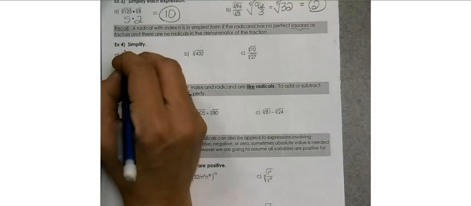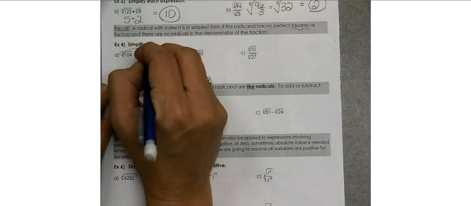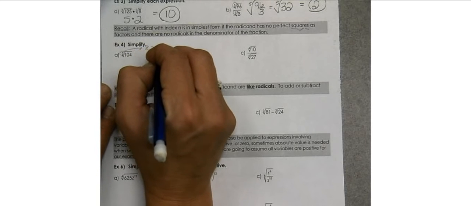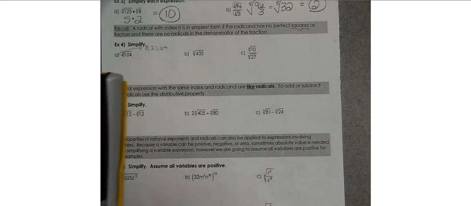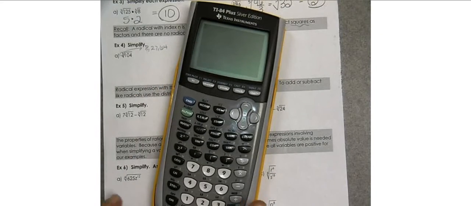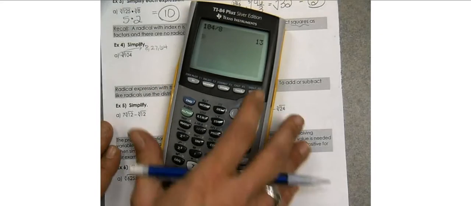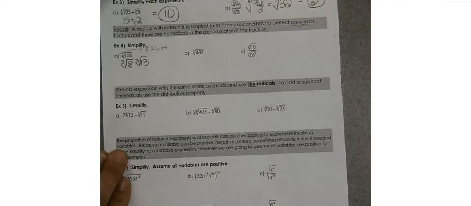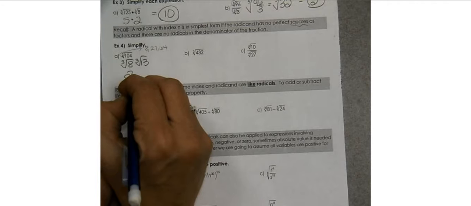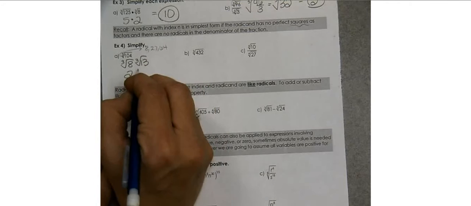So again, because it's this cube root, I'm going to look for numbers like 8, 27, 64. So maybe I'll just start with 8. I don't know if 8 goes into 104. So here, let's look. 104 divided by 8 is 13. Awesome. So that means I could break 104 down into the cube root of 8 and the cube root of 13. Well, we picked the cube root of 8 because that's 2. 13 doesn't have any of these that go into it, so we keep it as the cube root of 13.